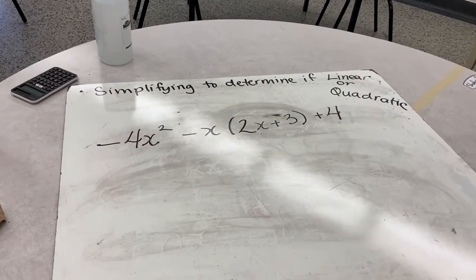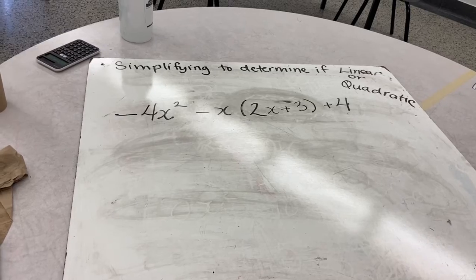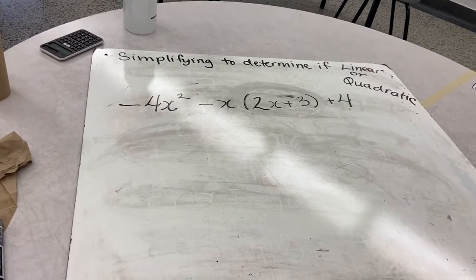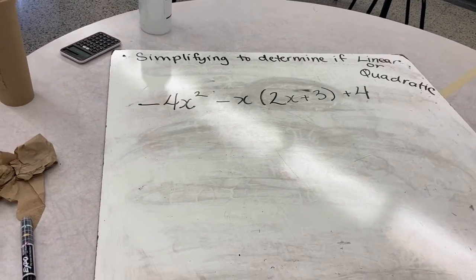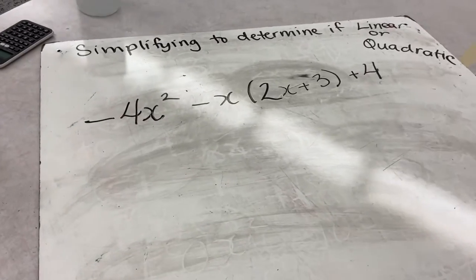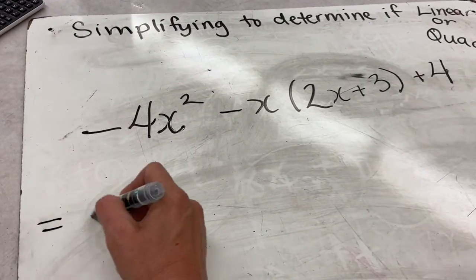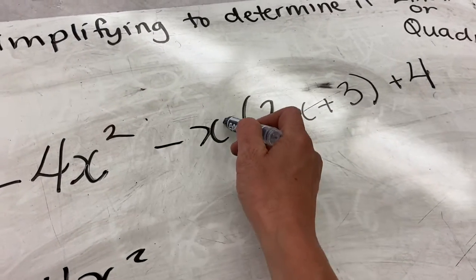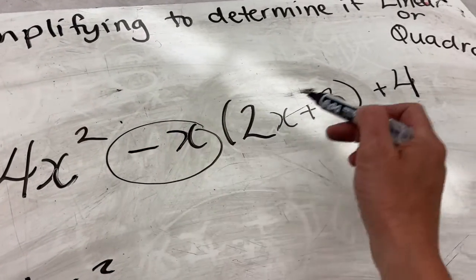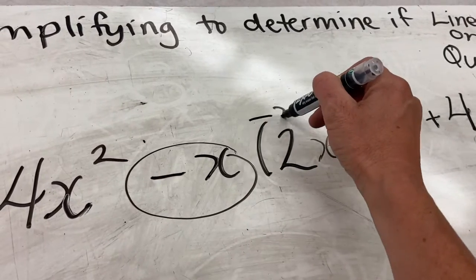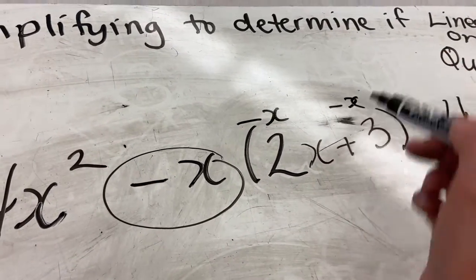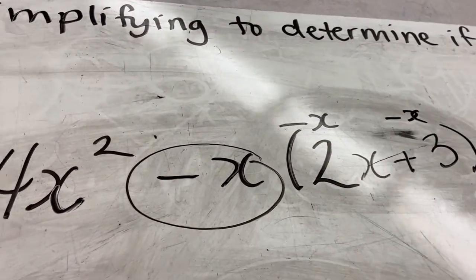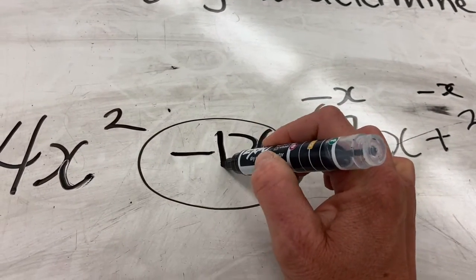Let's try another expression that starts off big with x squareds and x, and let's see if it also simplifies to make something linear. So here I have minus 4x squared, that's not changing. Here I have minus x. I'm multiplying this minus x by the two things in the bracket. And in front of that minus x, there's actually an invisible number 1.